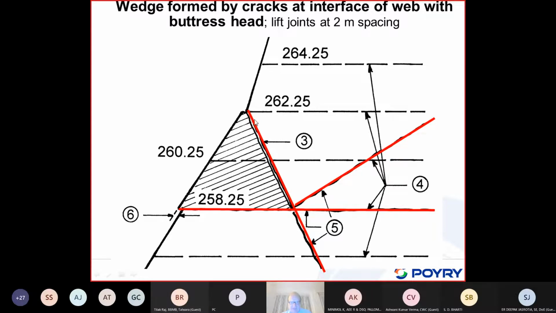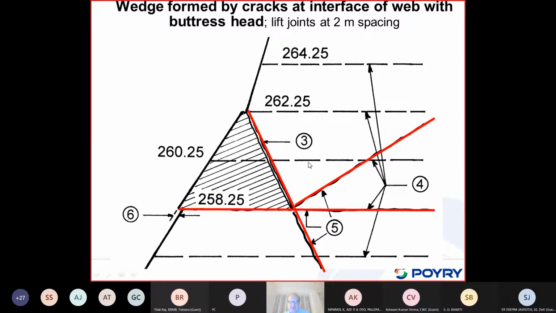Since this crack is fully cracked, this wedge moved about 2.5 to 3 centimeters. We can see it, but to understand the photos better, you would have to look into this detailed diagram.